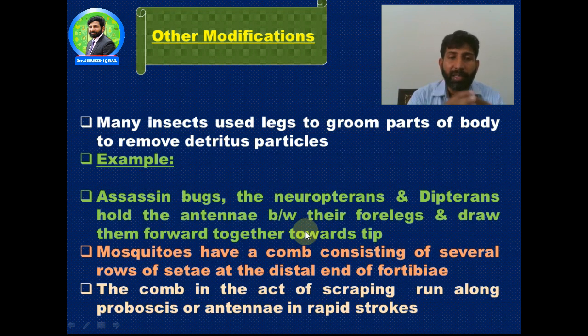For example, in assassin bugs, the neuropterans and the dipterans hold the antennae between the forelegs and draw them forward together towards the tip. Number 2, mosquitoes have a comb consisting of several rows of setae at the distal end of the foretibia. The comb, in the act of scraping, runs along the proboscis and antennae in rapid strokes.